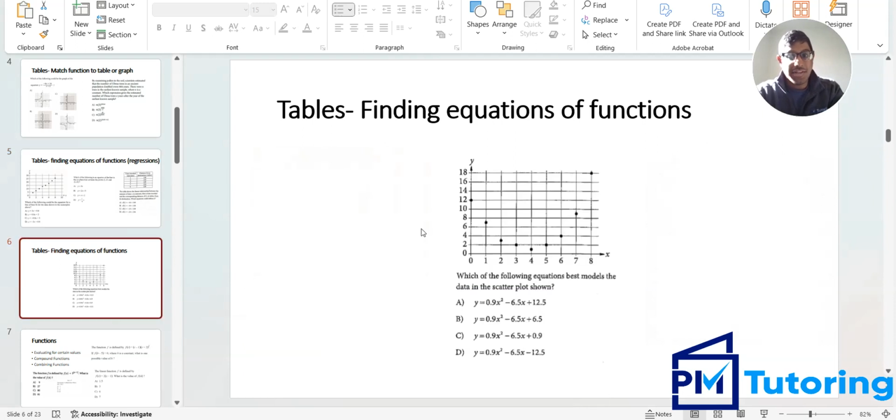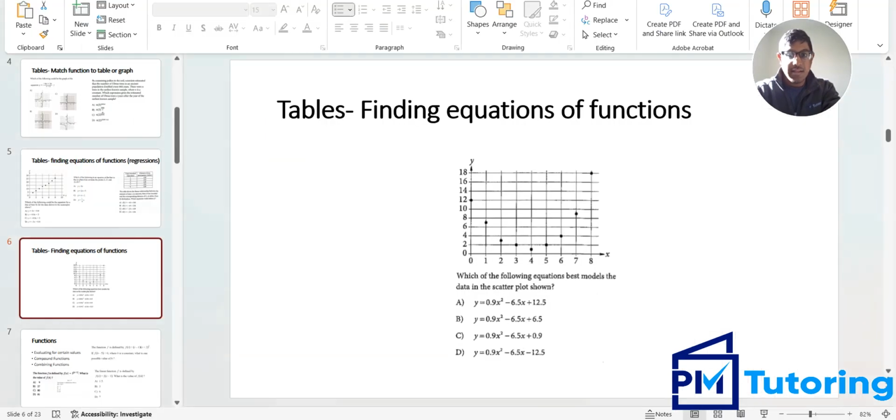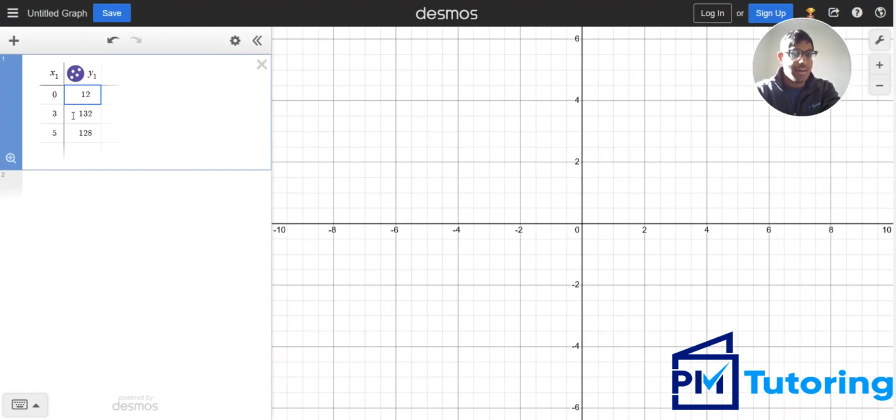Now we can use regression on more than just lines. Let's say we have a quadratic function over here. So we'll pick a couple of points to throw into this function. The first was the y-intercept, which is at 0, 12. That's this point over here. And then we have 1, 7, and 2, 3. So we'll type in 1, 7, and 2, so we'll make that 3.